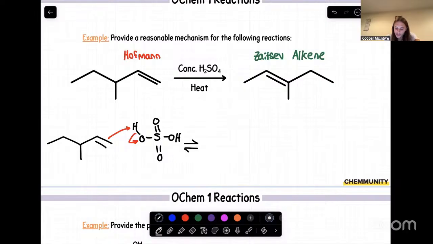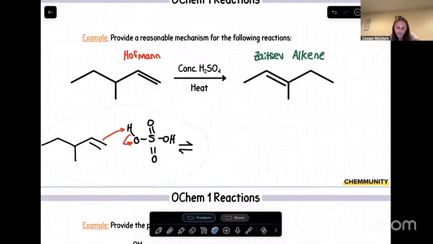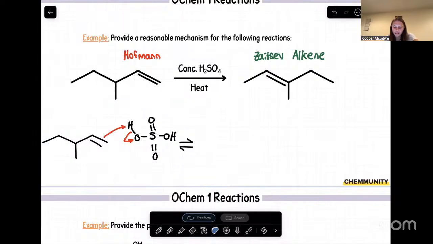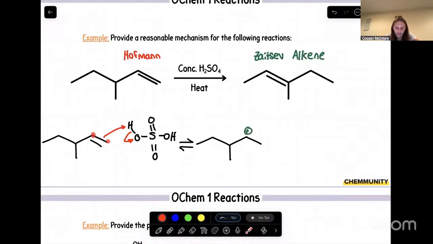And as we're doing that, we have to remember whenever we're undergoing reactions with alkenes, in terms of an addition reaction, as we're stealing this hydrogen, a hydrogen will be added to one of these carbons, and then a carbocation will go on the other carbon. And in terms of where our carbocation should go, we always want our carbocation to be on the more substituted carbon. So in this case, we have to pick between a secondary carbon and a primary carbon.